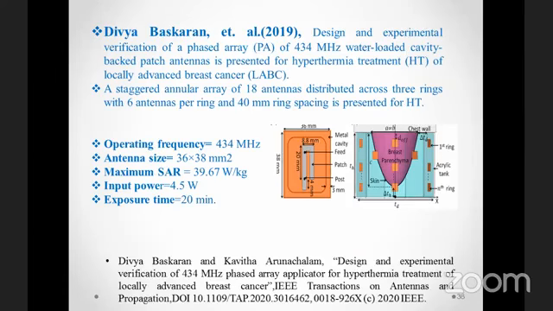The papers which are being developed in this area are by Bhaskaran, in which he has developed a phased array antenna for the purpose of breast cancer detection and treatment both.